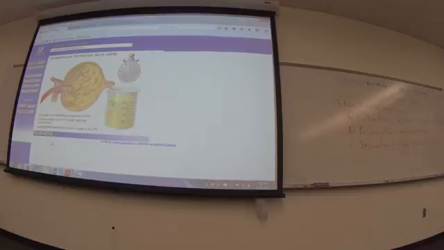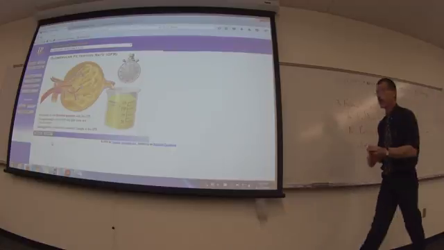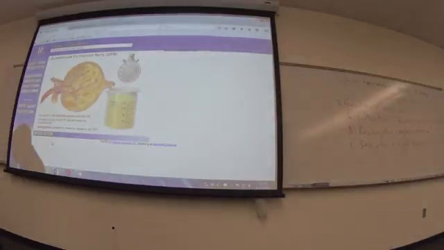So GFR is a measurement of the rate of filtration. I'm going to click it one more time so you can watch it in all its excitement. If I caught the fluid that's entering the nephron over a minute, I would have a measurement of the rate of filtration. Make sense?